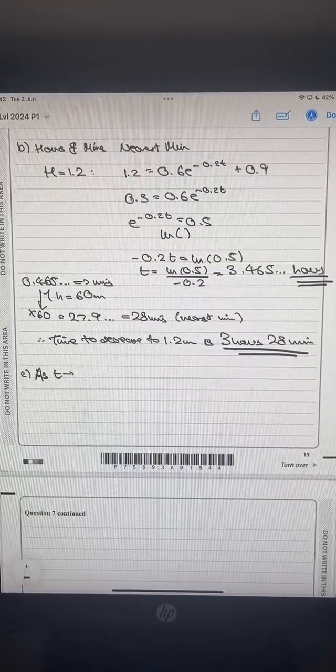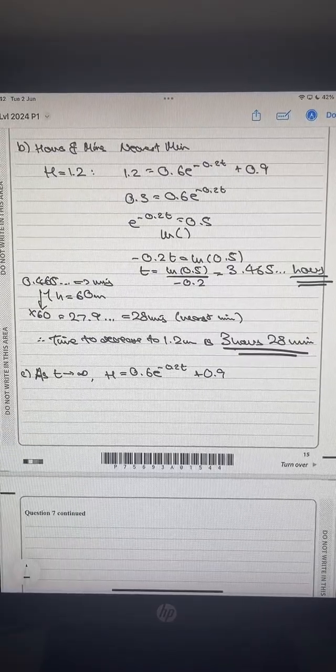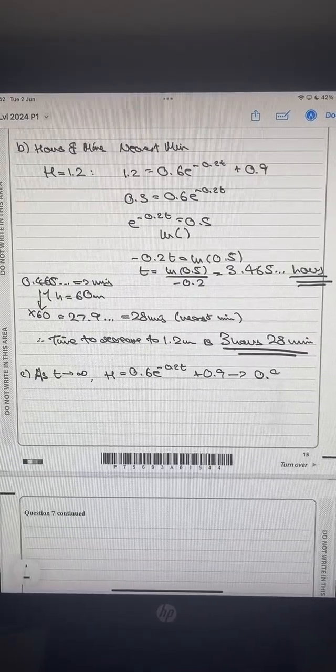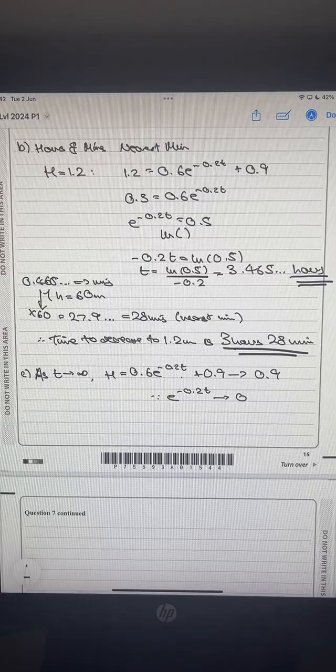as t tends to infinity, we have our function h equals 0.6 e to the minus 0.2 t, plus 0.9. That is going to tend towards 0.9 because e to the minus 0.2 t tends towards 0. In your calculator, type that in with increasingly large values of t, and you'll see it tends towards 0. So 0 times 0.6 goes away, so it tends to 0.9.